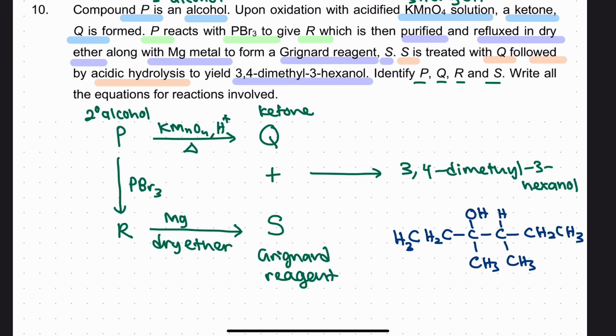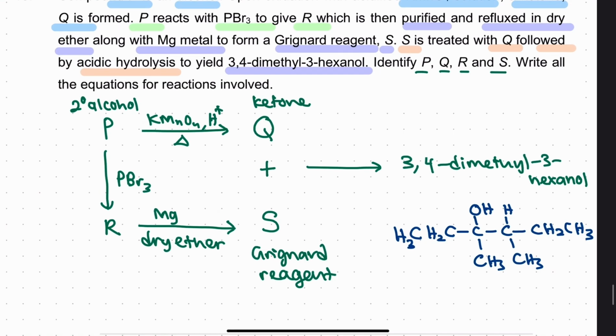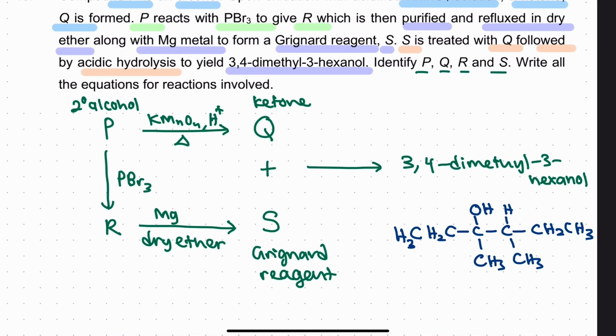Now, we need a secondary alcohol. If you can recall, when you react a Grignard and a ketone, we know that this part over here is definitely from the ketone. But the question here is which two alkyl groups come from the ketone and which one comes from the Grignard?